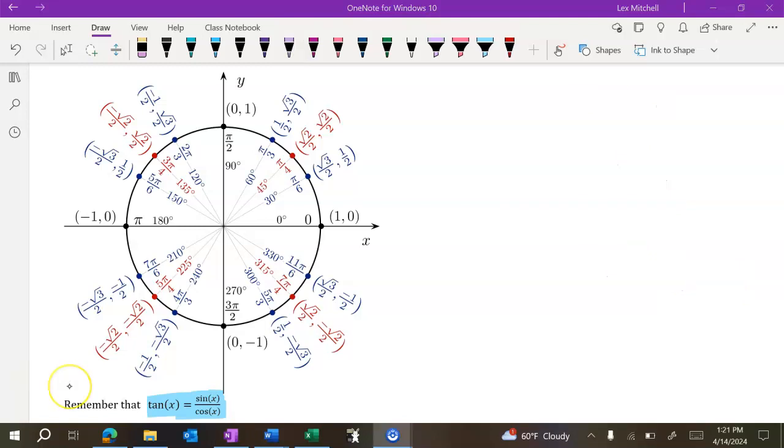If we start with tangent of 0, that's going to be sine of 0 over cosine of 0, which, knowing our points are cosine comma sine, I know that's going to be 0 over 1, which is just going to be 0.